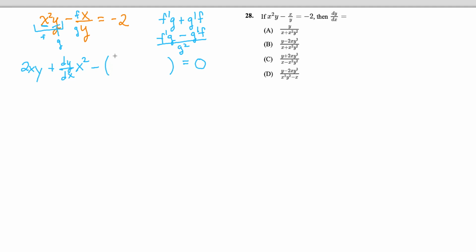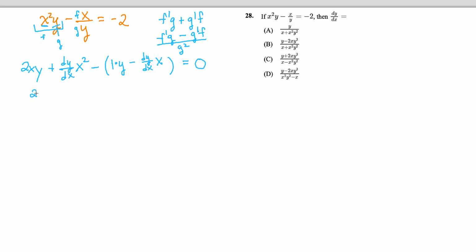So what is it in this case? It's 1, because the derivative of f, which is x, is 1, times g, which is y, minus g prime, which is dy dx, and then f is just x.